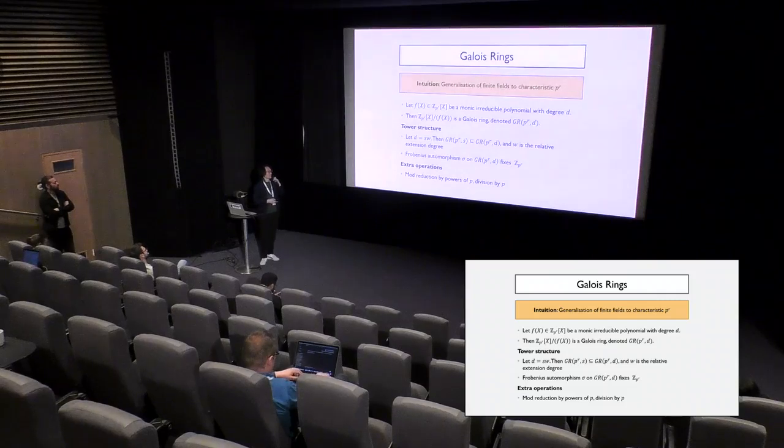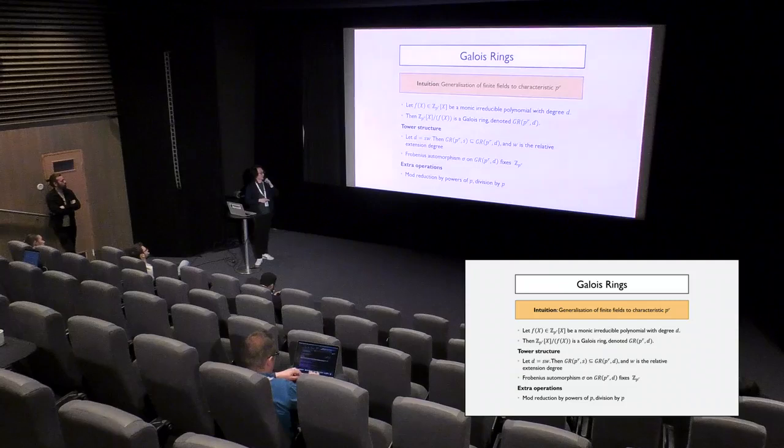Galois rings have a very familiar structure to finite fields. They have a tower structure, meaning that if I have a Galois ring with degree s, then it is a subring of a larger Galois ring that has a degree that is a multiple of s. In this case, if D is s times w, then we say that w is the relative extension degree between the smaller ring and the larger ring.